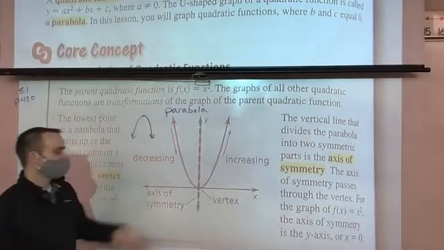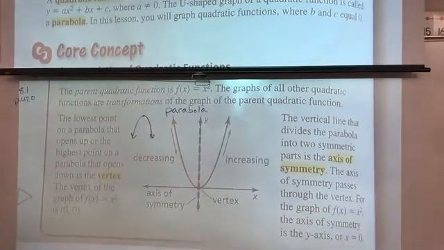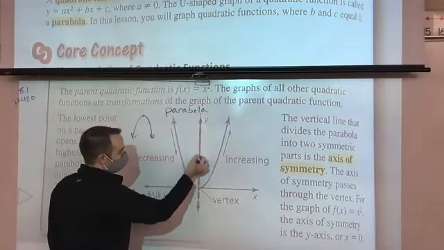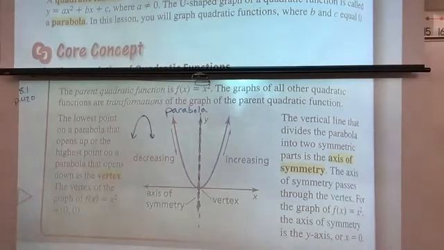The axis of symmetry, okay, we know symmetry is the two sides look exactly the same, right? If they are symmetric, the two sides look the same. So our axis of symmetry is this line that cuts the parabola exactly in half. It goes down through the center. It goes through the vertex all the way through.